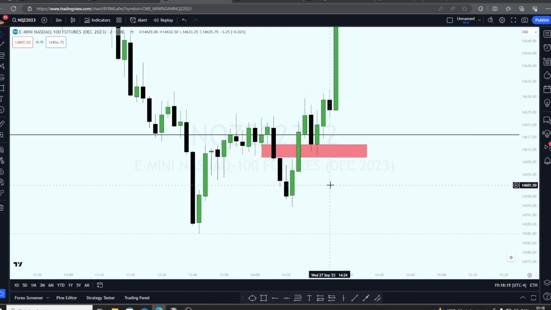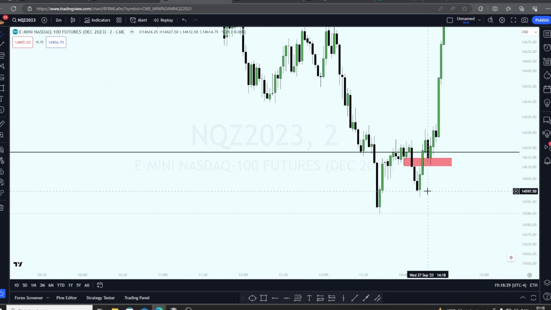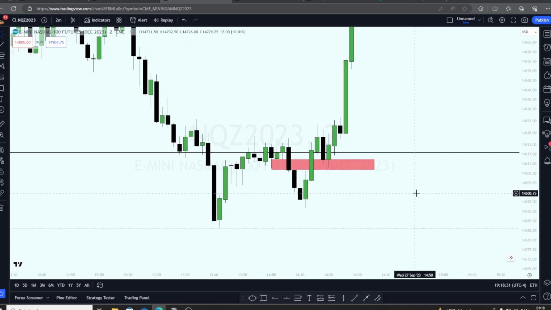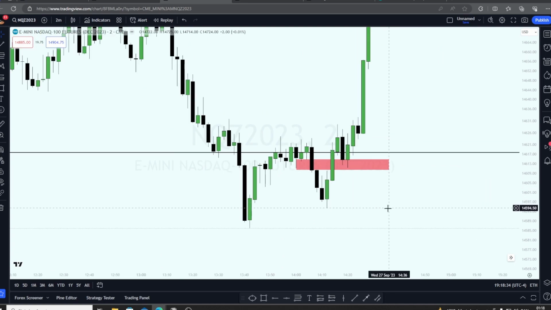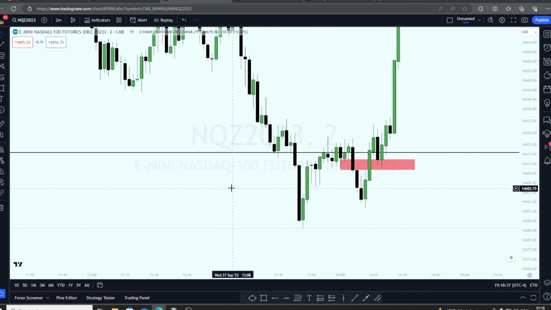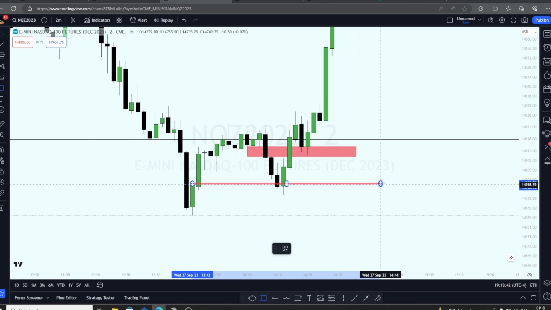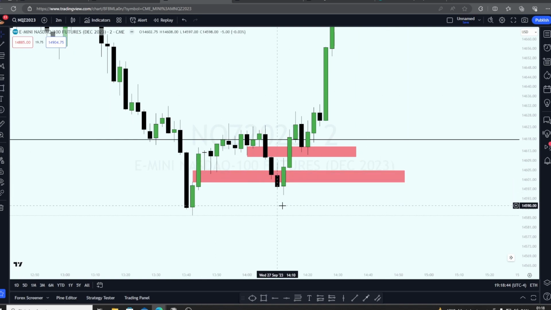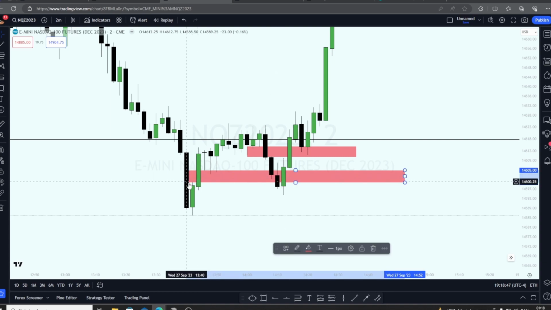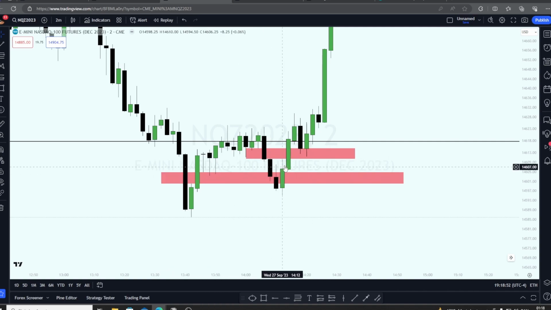Because as I taught you in a previous video, I think it was the draw on liquidity video, I look at what PD arrays we are respecting and which ones we are violating to find out where price is going, where the next draw is, right? So in this case, we are respecting a bullish weekly fair value gap. That's where it's delivering from, and we are also respecting a 2-minute, well, we closed outside of it, but a 2-minute BPR, and we just completely violated a bearish fair value gap.